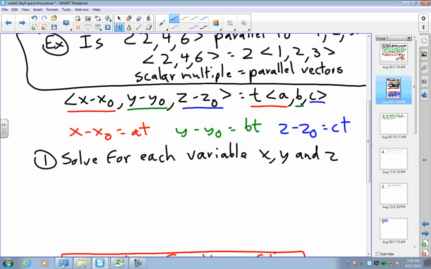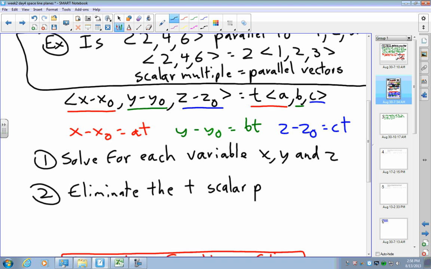X naught, y naught, and z naught are a specific point, and t is just a scalar multiple. It's just a number. Okay? So you can do that, or you can eliminate the t scalar parameter and you'd have another version of the same line.